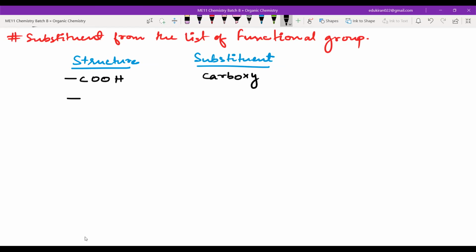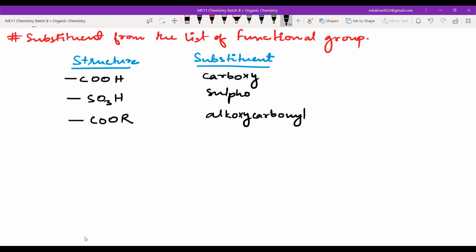Suppose you have SO3H, this will be written as sulfo. And then you have COOR, then this will be written as alkoxycarbonyl.